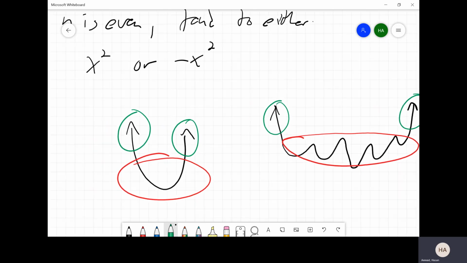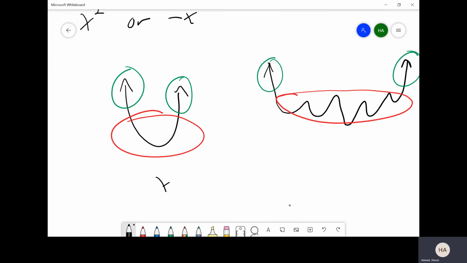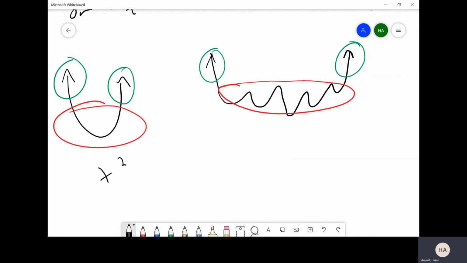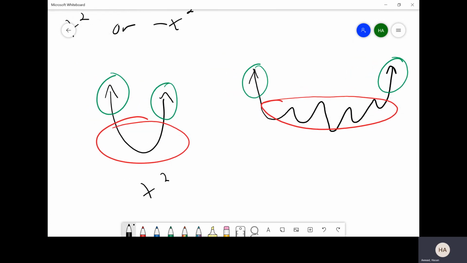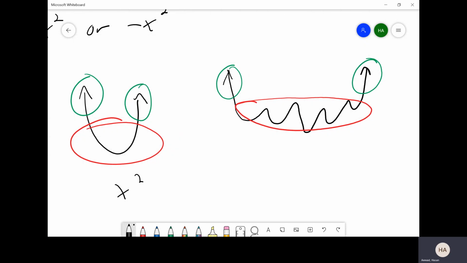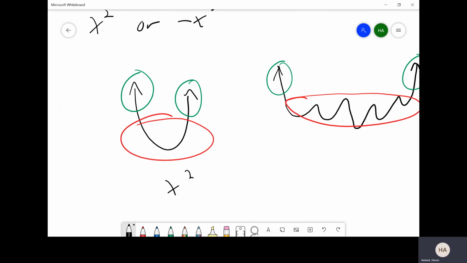So in this example, this here is x squared, and I don't know what this function is, but I can tell you that this has an even power. And the reason it has an even power is because notice how both of the legs that are going off to infinity, the parts circled in green here, are following the same thing that's happening to the x squared, right? They're both going off to positive infinity. So that's what we mean when we say it'll tend to either x squared or negative x squared.